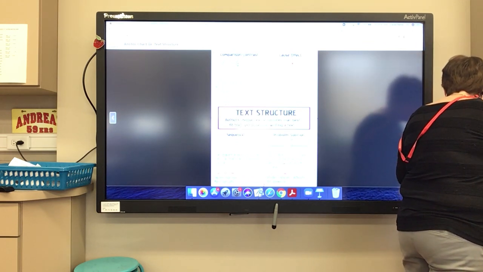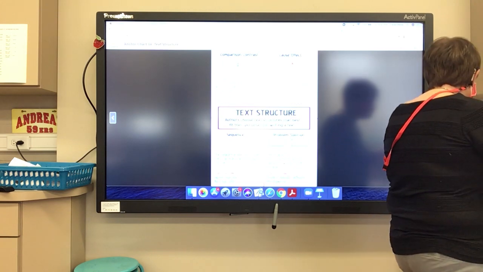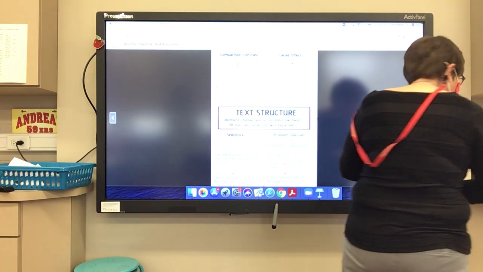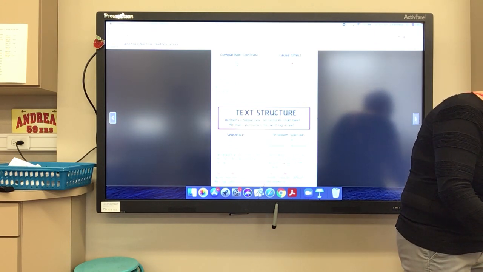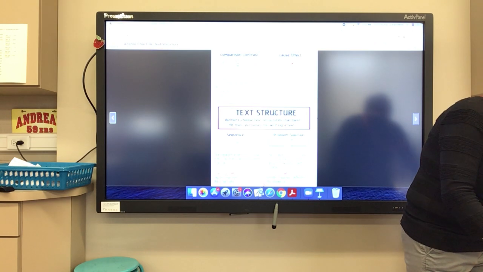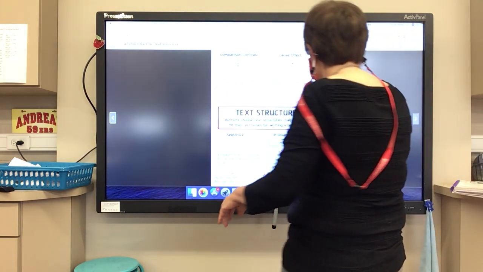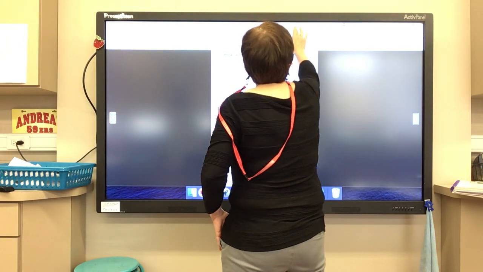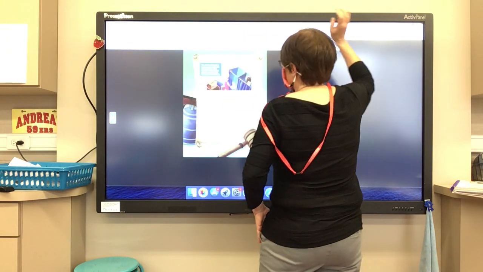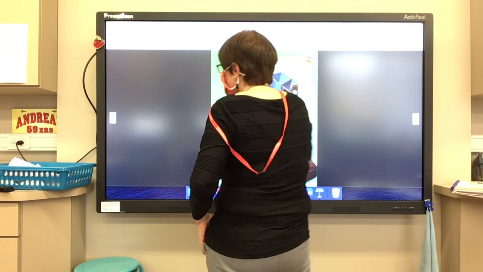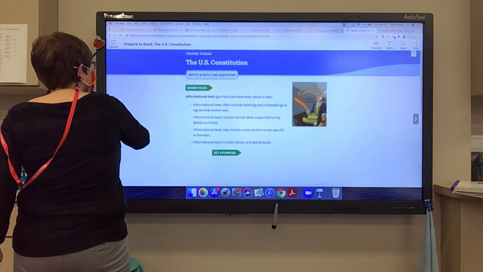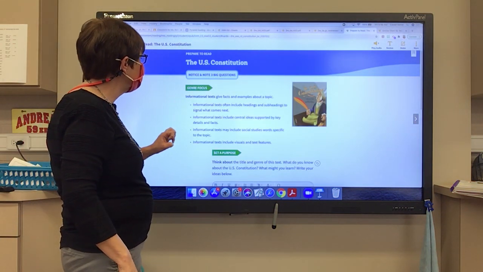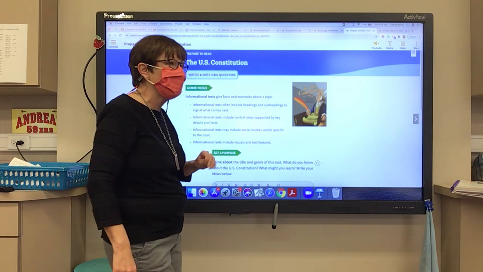Here's what I want us to do. I want us to go to page 230 in our story. Our story is informational text. Remember, informational text gives facts and examples about a topic.